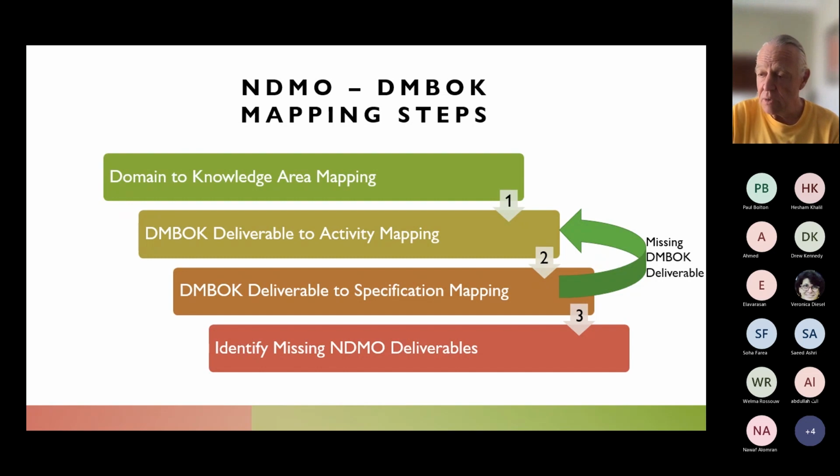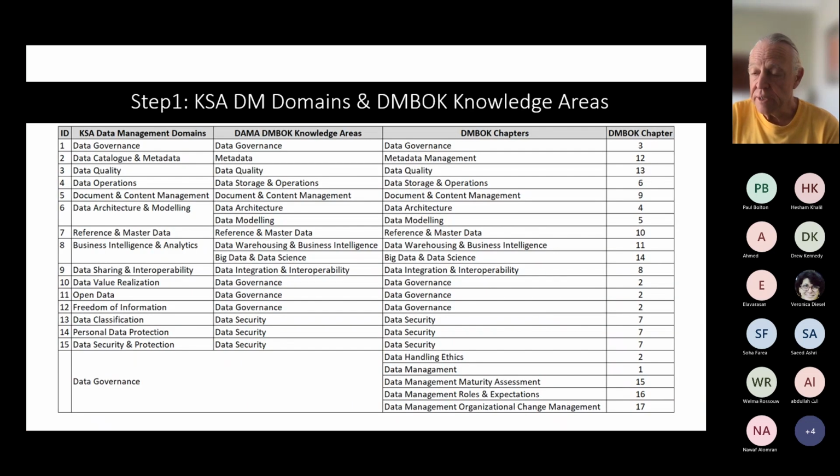Something that we're trying to get working within the DMBOK is to have a lot better association, relationship between the two. And then my next step was to go DMBOK to specification, NDMO specification deliverable. And then it's about identifying missing deliverables and going down that path. Okay, so this was step one.